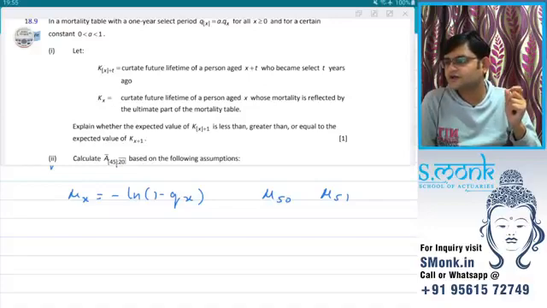Explain whether the expected value of this is less than, greater than or equal to this.